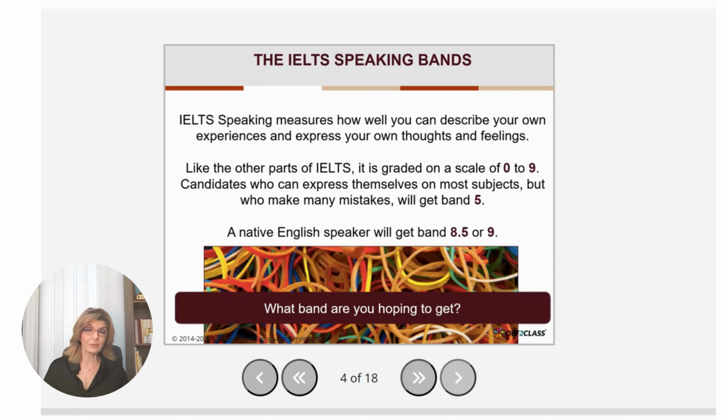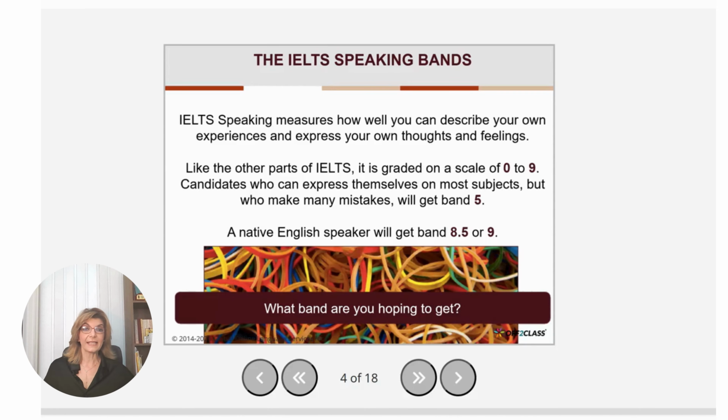So requirements from universities and from immigration agencies vary. Most students in an undergraduate program might need at least a 6. But for postgraduate study or maybe for immigration, you might need a 7. So you really need to know what band you are hoping to get.